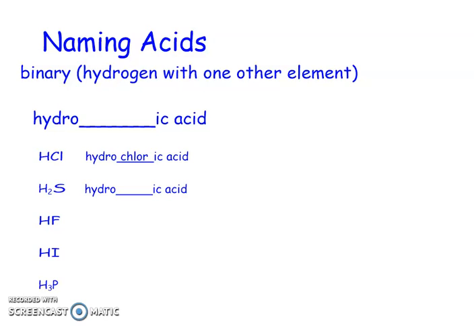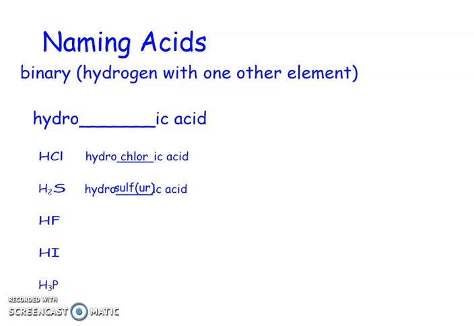So S is sulfur, so it's hydrosulfic acid. Sometimes people leave that UR on there. I know that that's putting the whole element in there and not just a root word. That's okay. I'm not going to be picky about whether you got the right portion of the element name to get the root word. But you can let me know if you're having any questions on any of them.